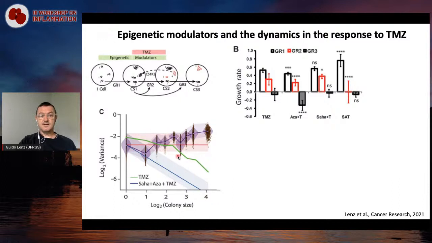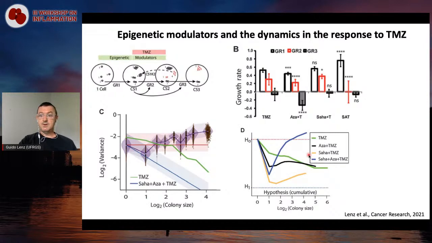So this is in clear difference with the reduction that we observed only with temozolomide, which is shown here in green. When we looked at the single treatments, we did not see this effect of increase in variability, suggesting that you need to block the two processes to keep the sensitivity of the cells to this treatment with temozolomide.